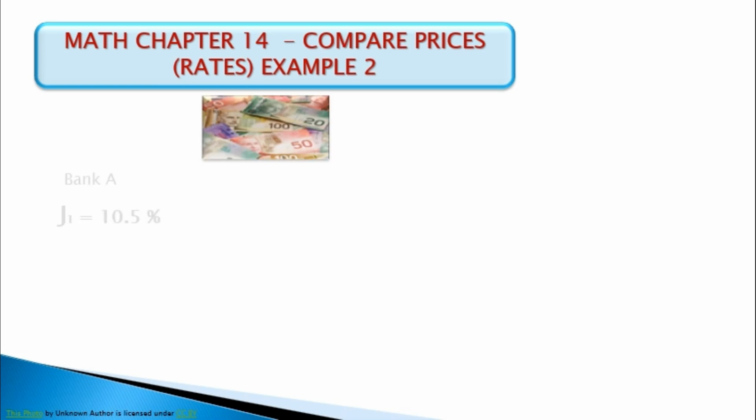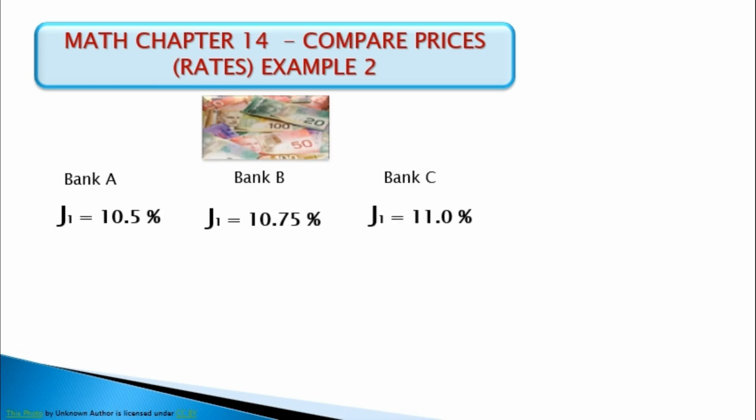Okay, another situation: we have Bank A, Bank B, and Bank C, and they're advertising their rates with J1. Bank A's rate is 10.5%. Bank B's rate is 10.75%. And Bank C's rate is 11.0%. Because they are all advertising with J1, that is legal. According to the Federal Interest Act, it is allowed and in compliance.